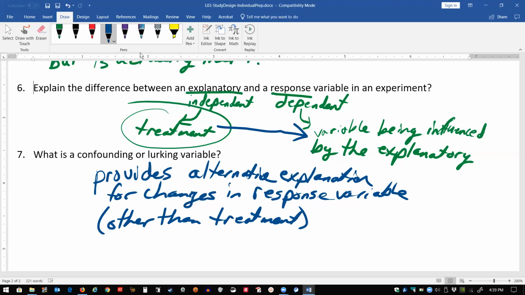Not that musicians can't be equally good at stats, but maybe there's a difference between how musicians would perform and the other one was all math and science majors. So it makes sense math and science majors may be getting this a little bit better. Okay, so again, a confounding or lurking variable provides an alternative explanation for the results.